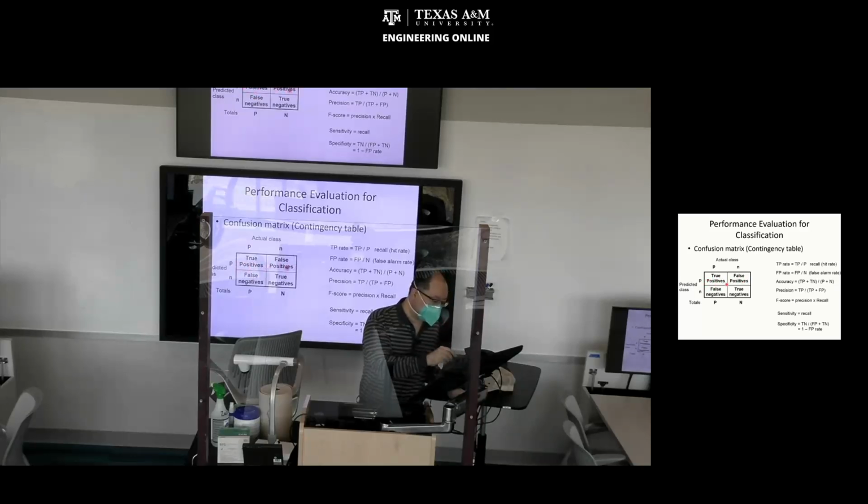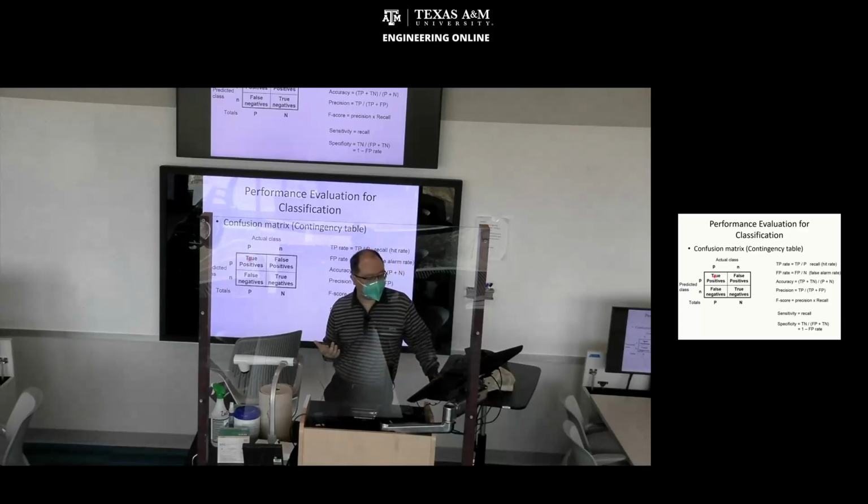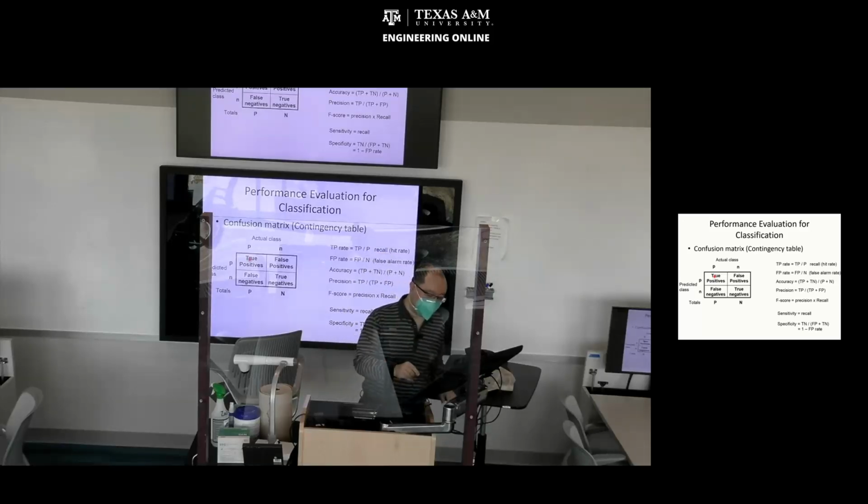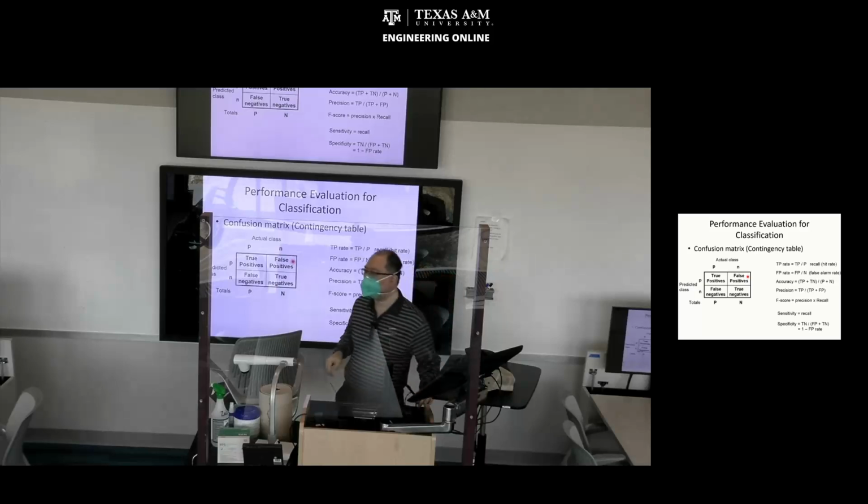So that includes true positives and false positives, and among them, what portion is true positive? And then F-score is blending precision and recall together, and specificity is 1 minus the false positive rate. In other words, it is true negatives divided by the negatives, okay? So there are all kinds of measures.